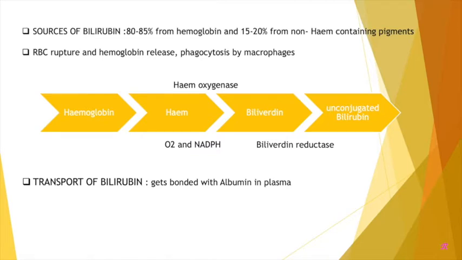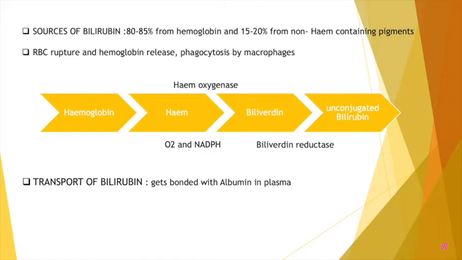Where we stopped, the bilirubin is produced within the macrophages. Now the macrophages have got nothing to do with the bilirubin. So they will release this bilirubin into the plasma.